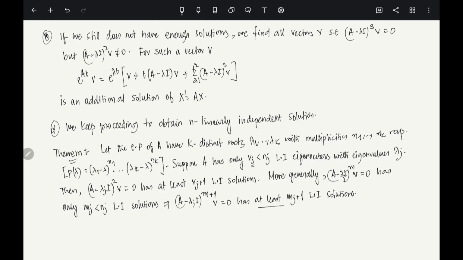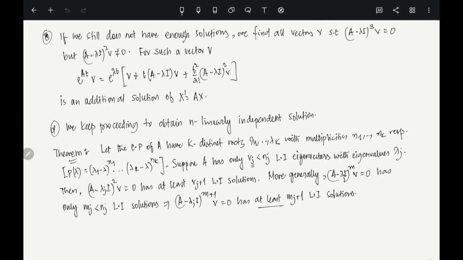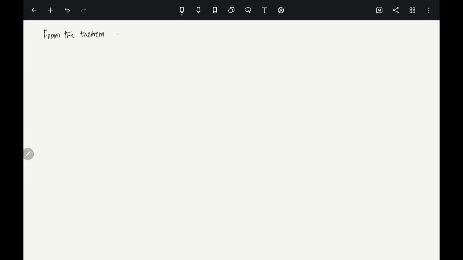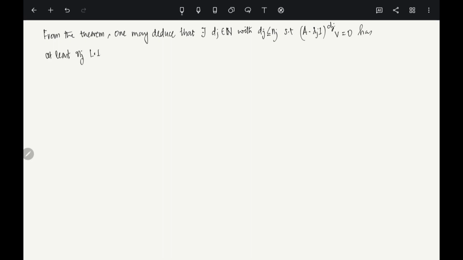So from this lemma, one may deduce from the theorem that there exist integers dj, with dj less than or equal to nj, such that (A − λj I)^dj v = 0 has at least nj linearly independent solutions.